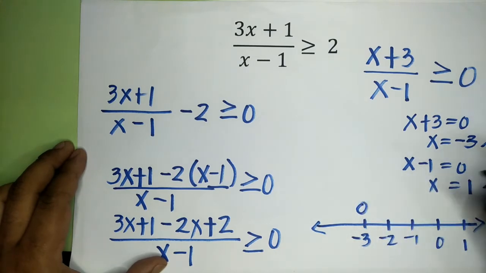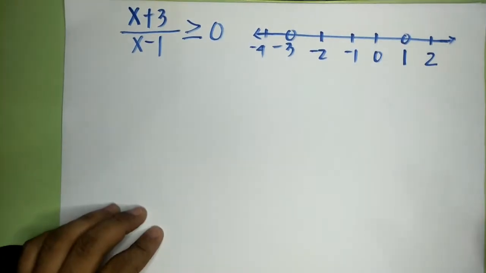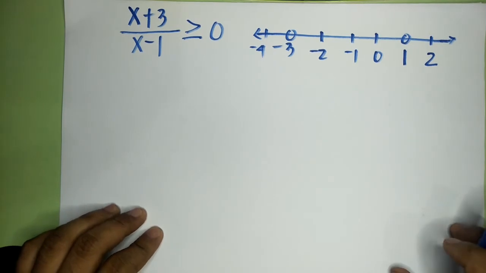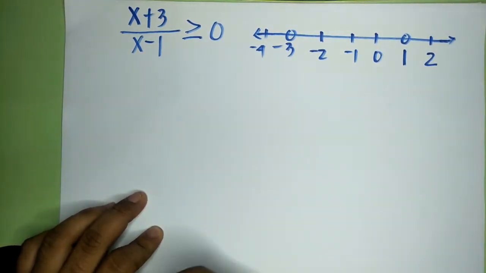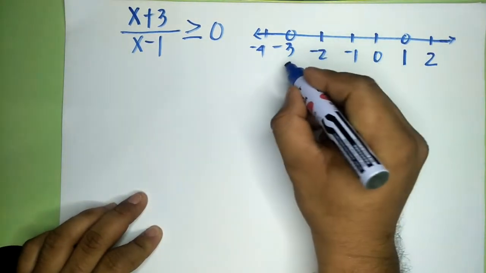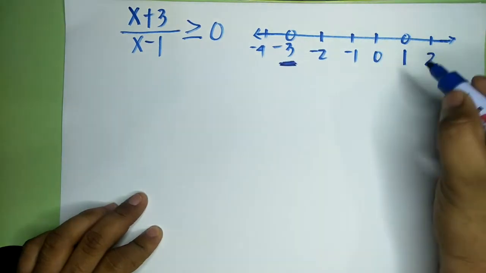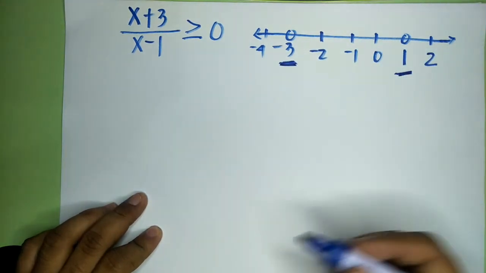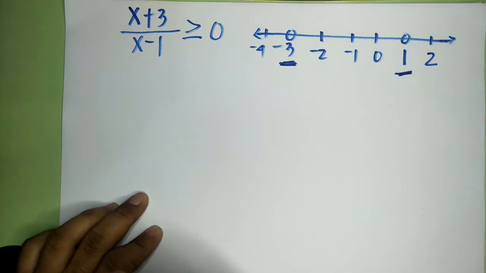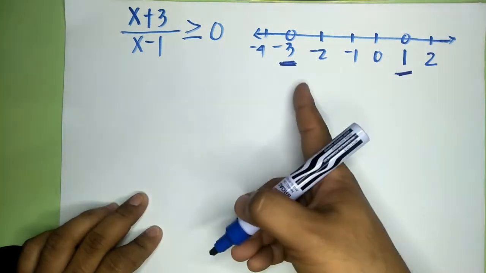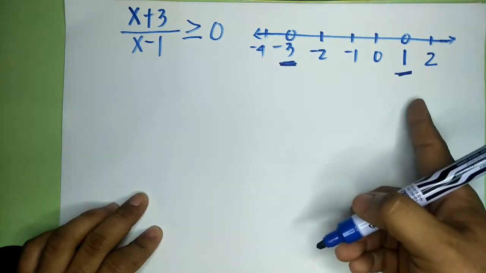So, ito yung ating negative 3 at ito yung ating positive 1. After natin ma-plot sa number line yung ating critical values natin kanina ay negative 3 and positive 1. Isa-substitute natin ngayon ito sa ating inequality, yung ating critical values.